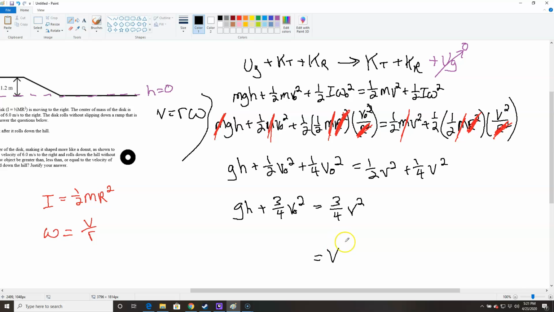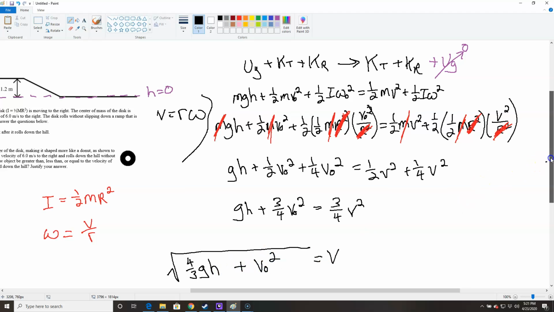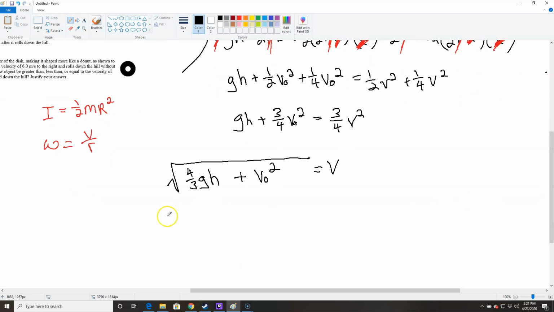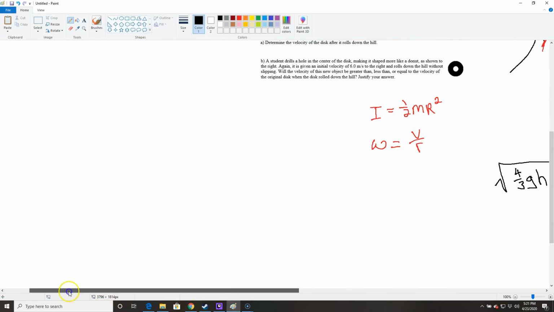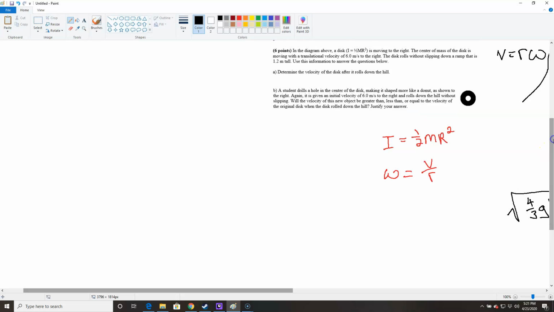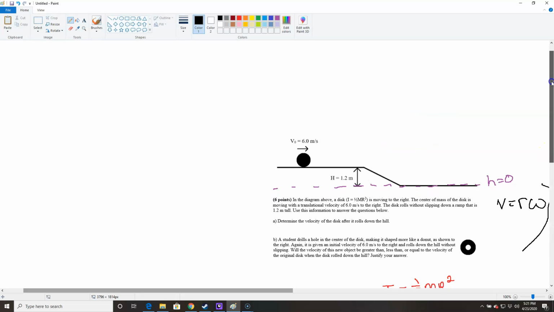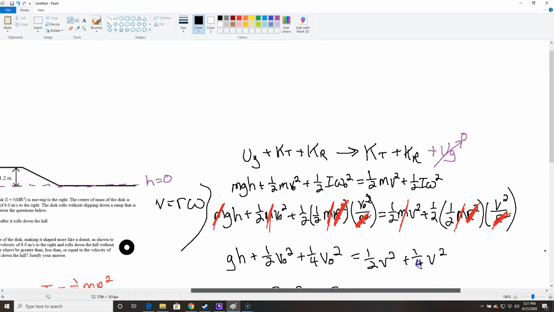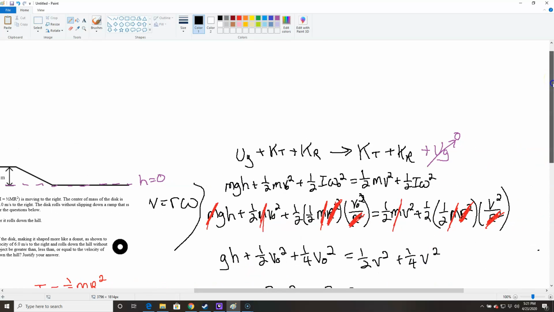V will be the square root of 4/3 gh plus v naught squared, all of which is under the square root. So now the last step is, well, what's h? What is v naught? V naught is 6 and h is 1.2. G is obviously 9.81.